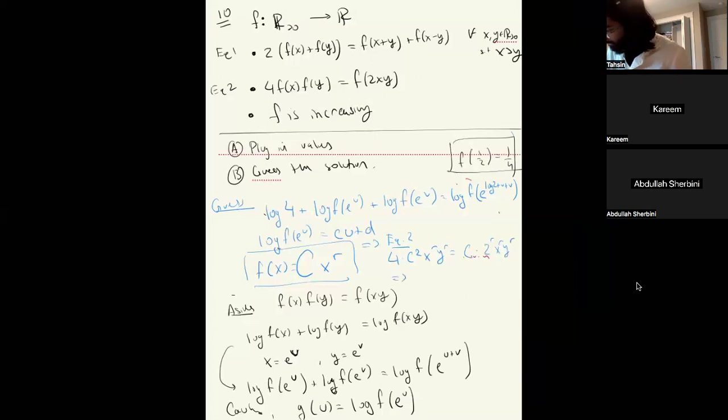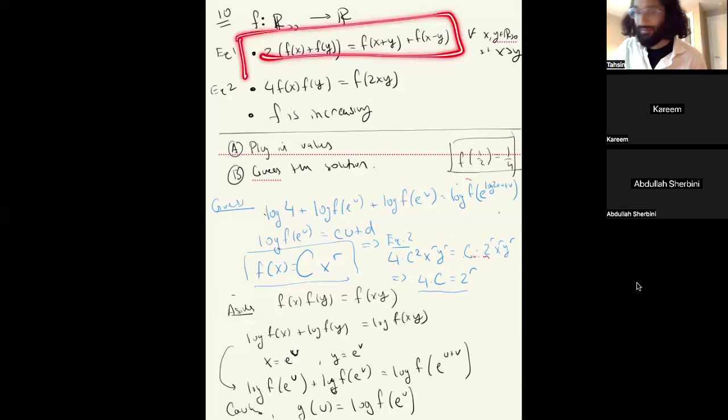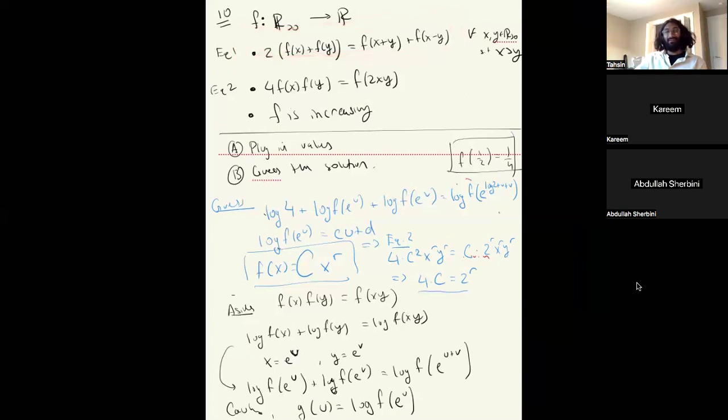So we have 4 times c equals 2 to the r. Okay, this is not that helpful. But I think if you think about this equation, maybe you can figure out which one it is.